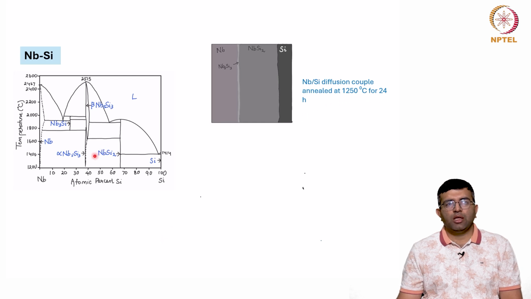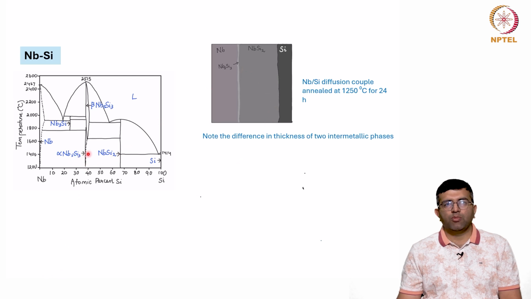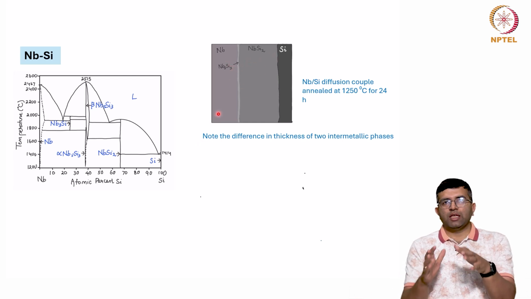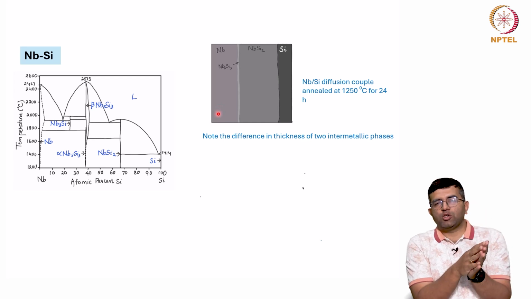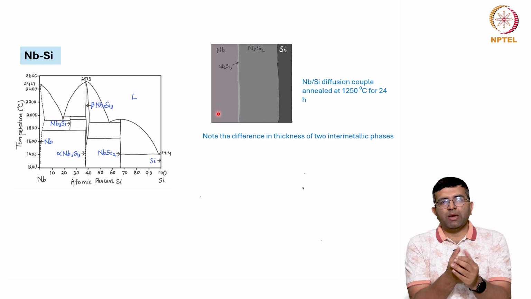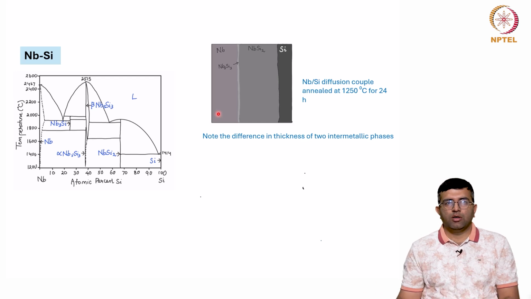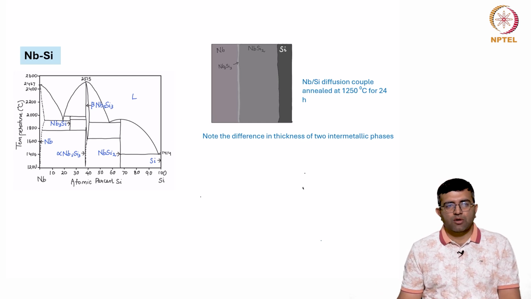You notice here again that, although both intermetallic phases are very close to line compounds, one of the phases grows substantially more than the other. So, that is again to say that the thickness of the phases that develop cannot be correlated to the phase diagram. It completely depends upon the kinetics of the growth of these phases.